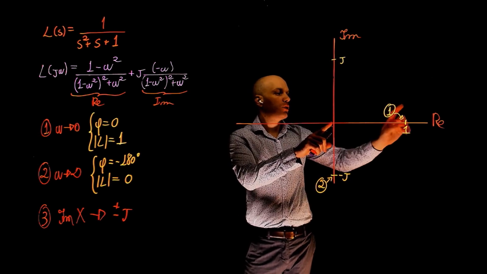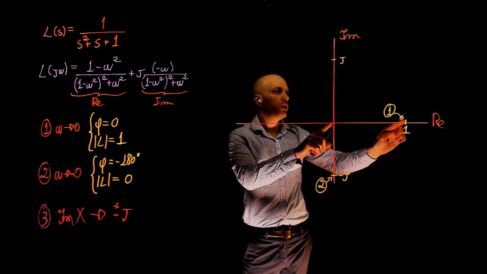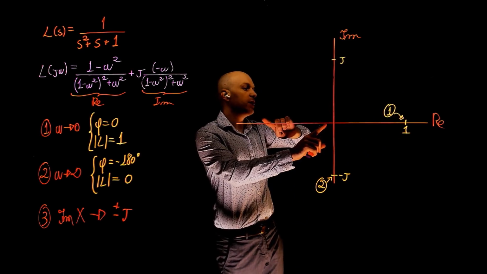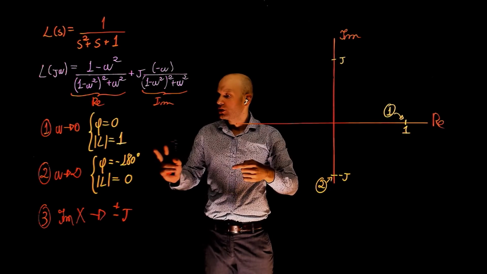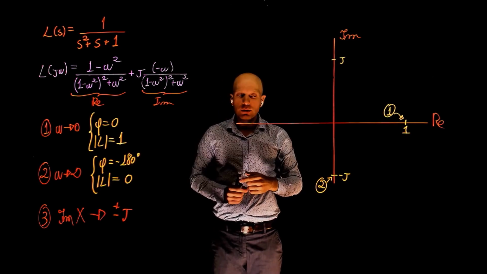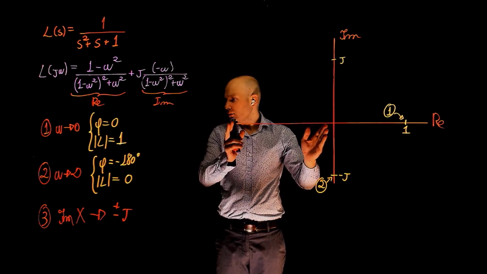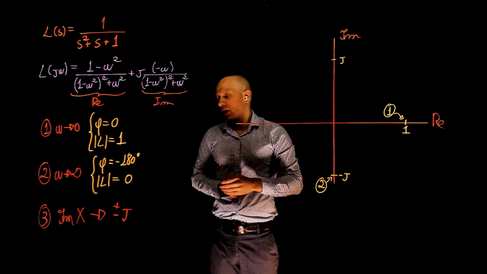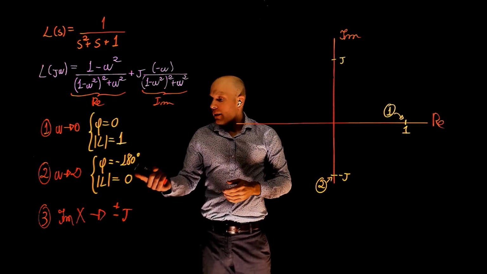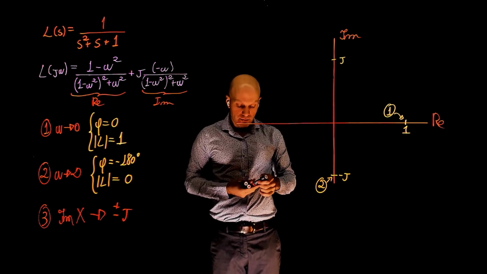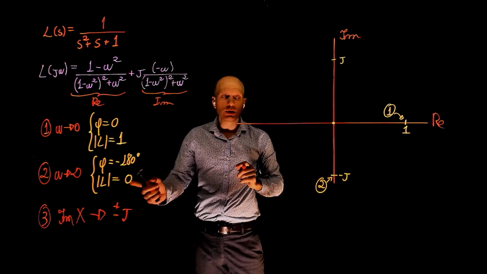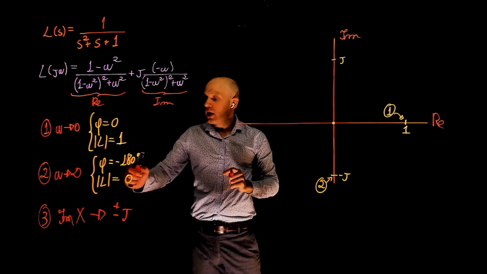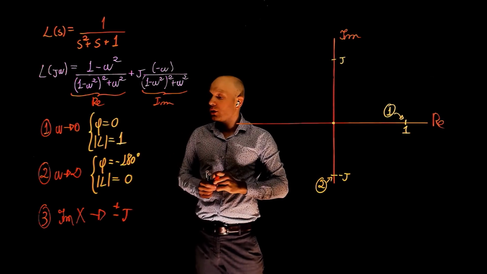Right? So if this angle here is 0, we go to 1, but now if you go all the way, that is 180 degrees or negative 180 degrees. This indicates that in point 3, we are on the negative side of the real axis. The magnitude tends to 0. So we are lying around here. But notice that we now tend to 0 following a negative 180 degree line.